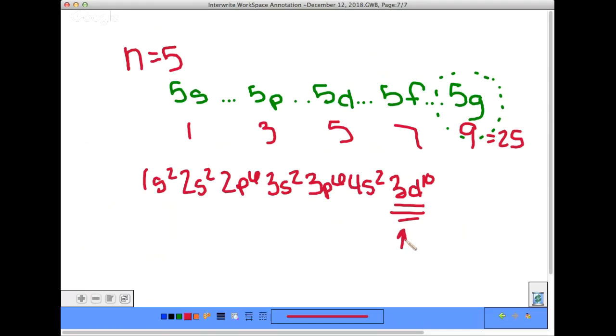So this one is higher in energy, but it's still in the third, so it's still closer to the nucleus than this 4s. And then we could have 4p6 and so on. So just note that this one is kind of the outlier. These go in order of energy, but the fact that this is still the third still means that it's closer to the nucleus.